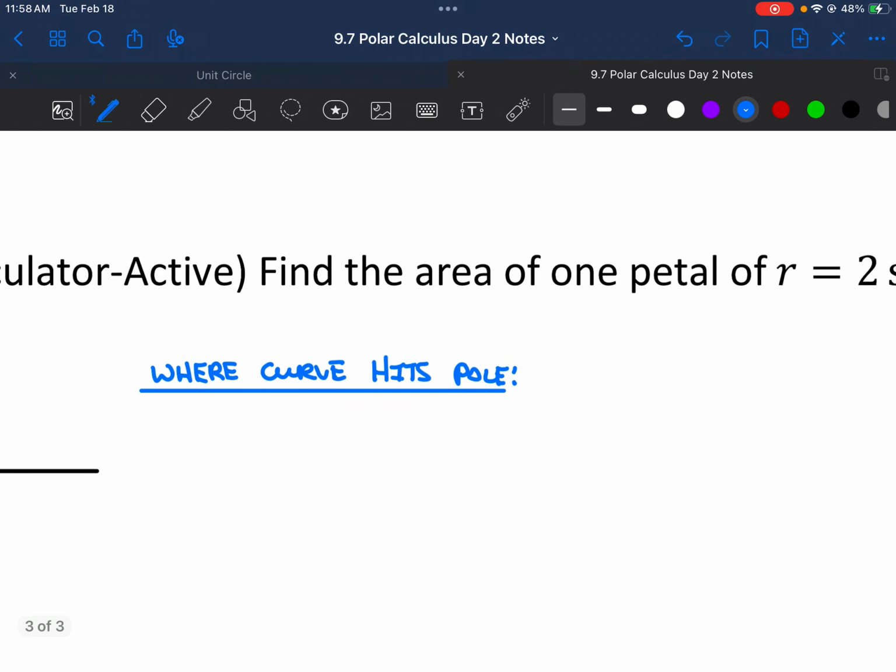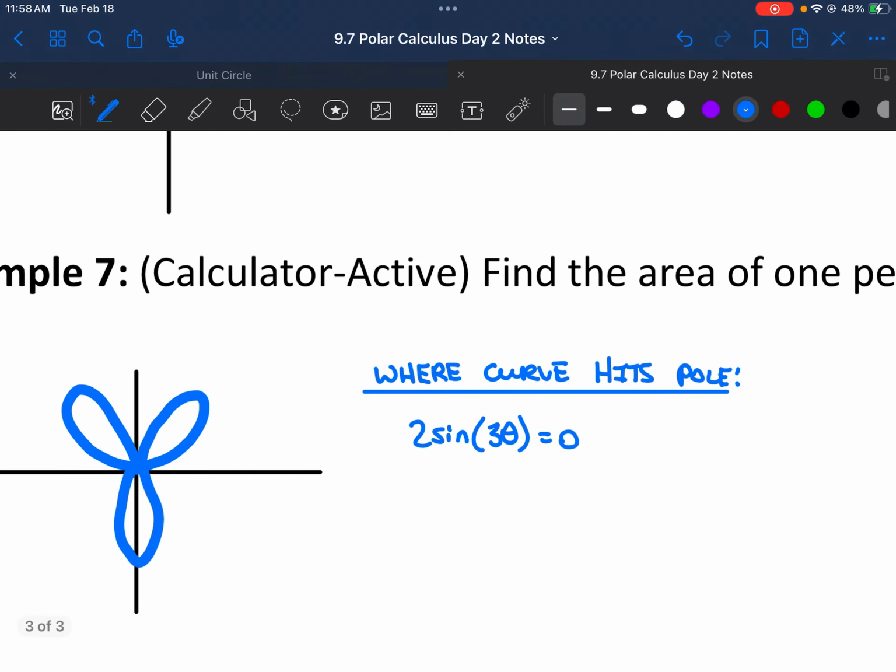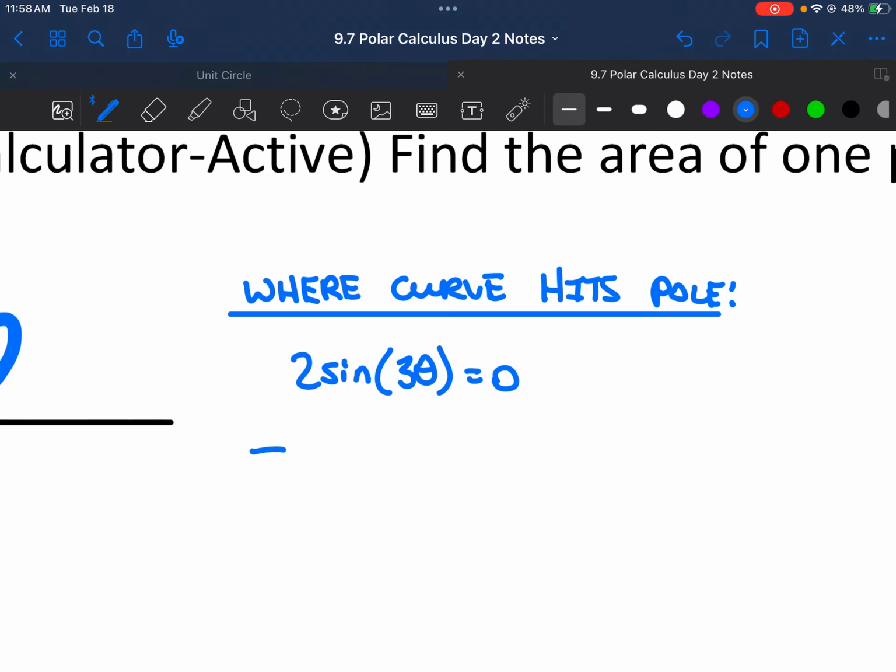So we would take 2 sine of 3 theta, set it equal to 0, because we hit the pole when r is equal to 0. Let's divide 2 on both sides. Sine of 3 theta equals 0. We know sine of theta equals 0 at 0, pi, and 2 pi, and so on and so forth, right?